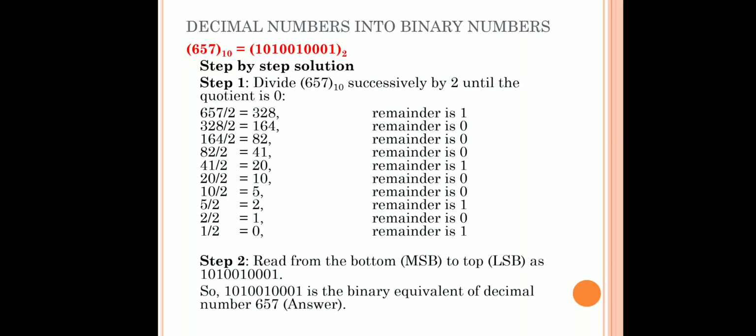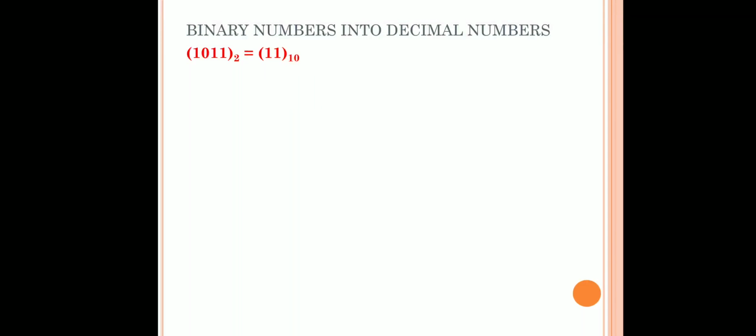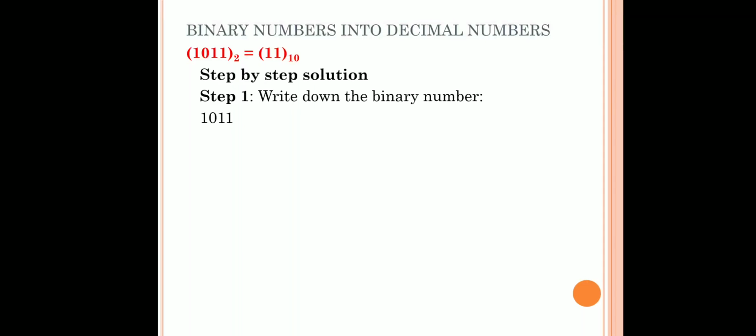Now the next topic is binary number into decimal number systems. In this binary number system, this is binary and this is decimal. In this you have to write down the binary number, and you will read it from right to left.